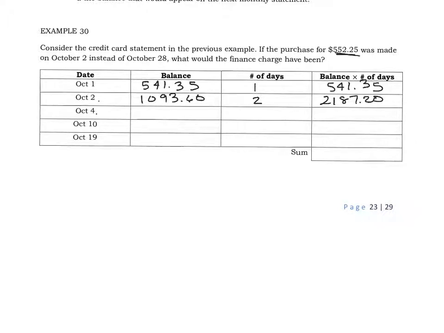Okay, so from October 4th to October 10th, it'll be that 6 days again. And then on October 4th, they said that they made a $49.15 purchase. And multiply across.